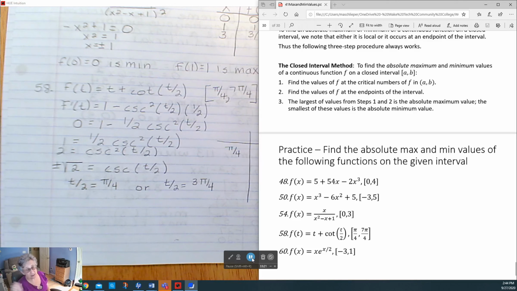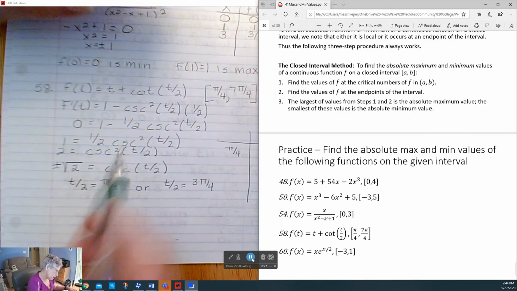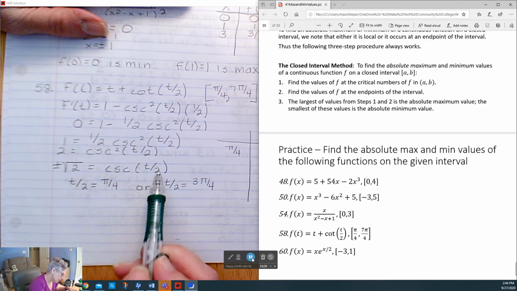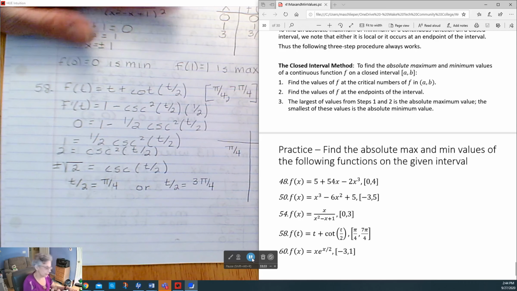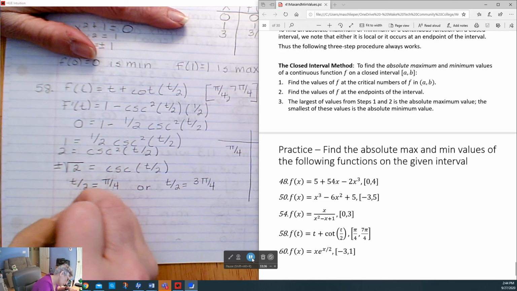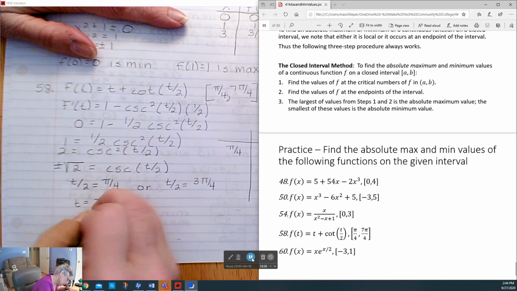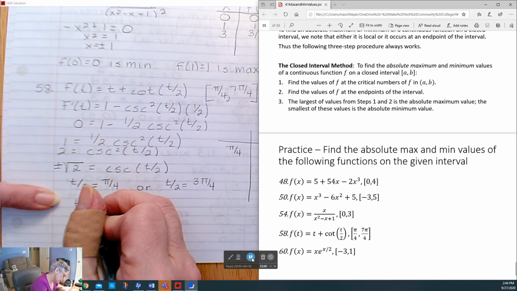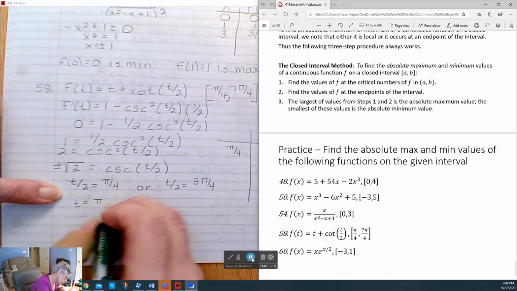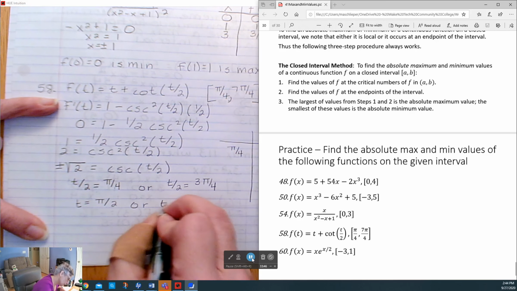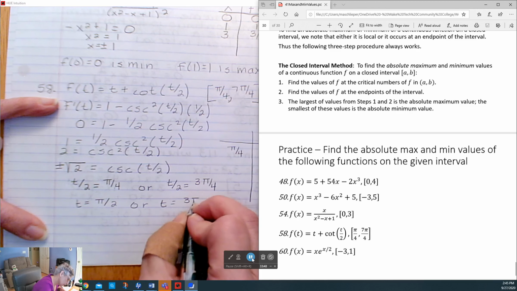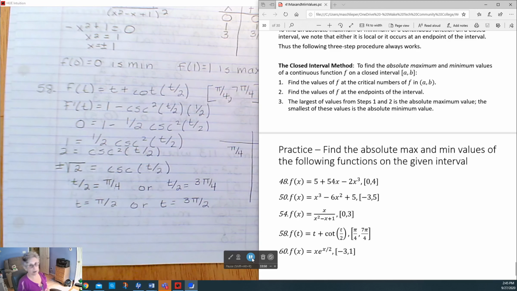So I'm sorry. You're going to need to get out the big honking eraser if you were writing along with me. We want t over 2 is equal to pi over 4 or 3 pi over 4. So t is equal to, multiply both sides by 2, t is equal to pi halves, or 3 pi halves.